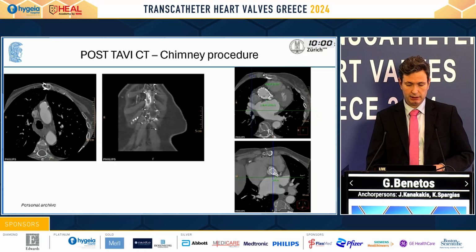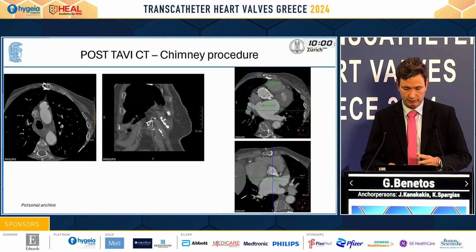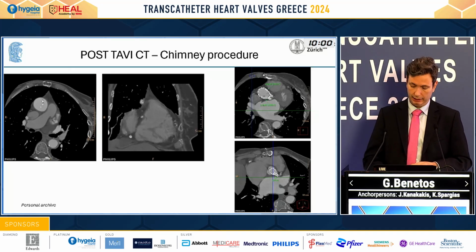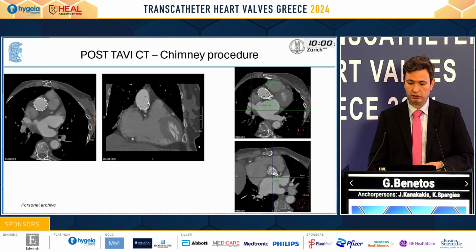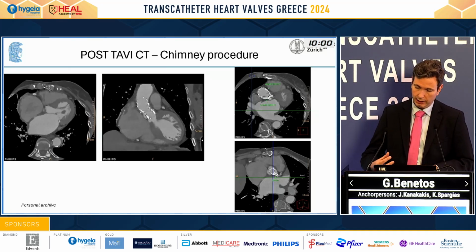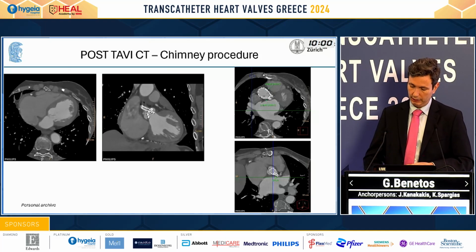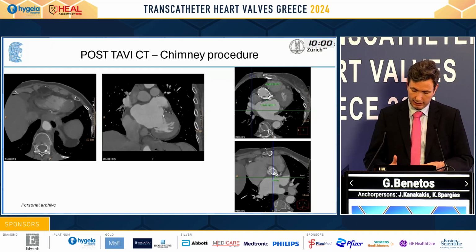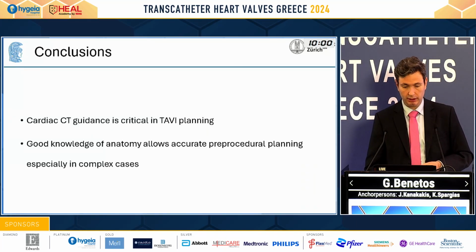And this is a recent case from my personal archive, with the post-TAVI CT in a case where a chimney procedure was performed, where we can see the stent extending from the left main towards the ascending aorta between the struts and the wall of the ascending aorta.